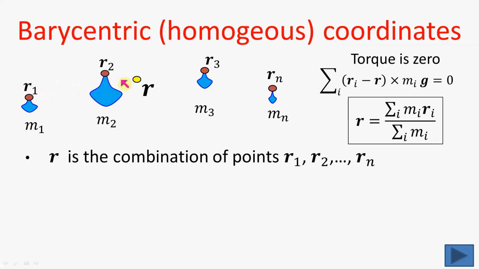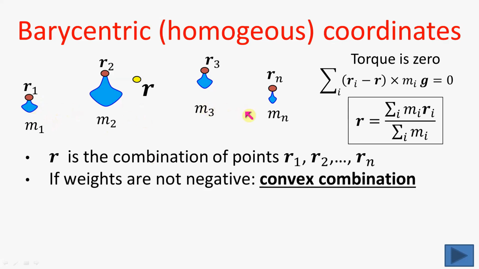So when we define a point R with this center of mass analogy, we say that point R is just the combination of points R1, R2, etc. If we use a real physical analogy, where masses cannot be negative, then we talk about convex combination. Note that for the purpose of the center of mass formula, we can evaluate it for negative masses as well, and we will use negative masses, but it is not physically plausible.